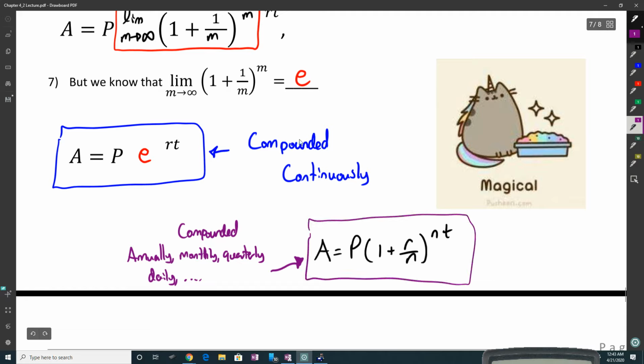Whenever it's compounded continuously, though, we're going to use this formula. They're two separate formulas. All right, and notice in this one that there's no n in the compounded continuously formula. It's just P e to the rt.